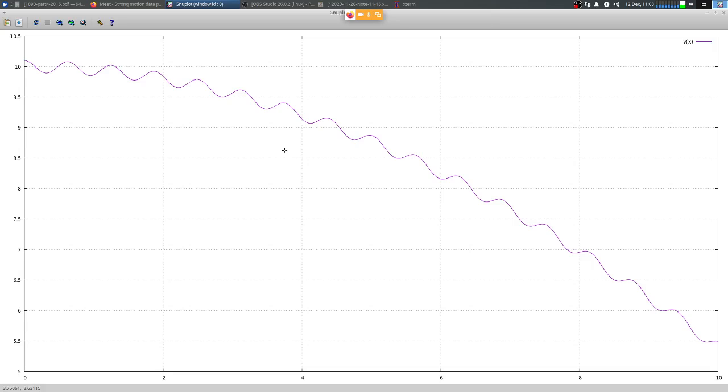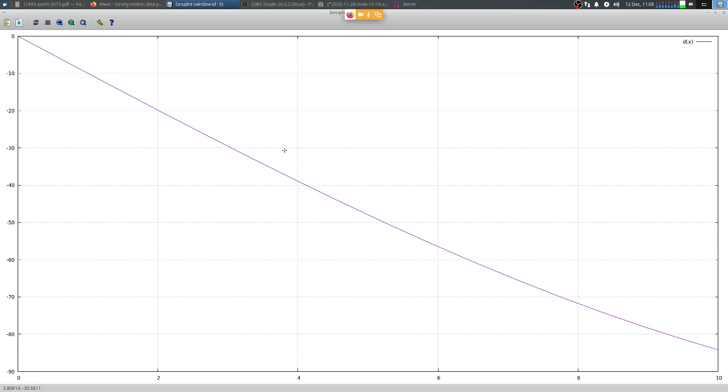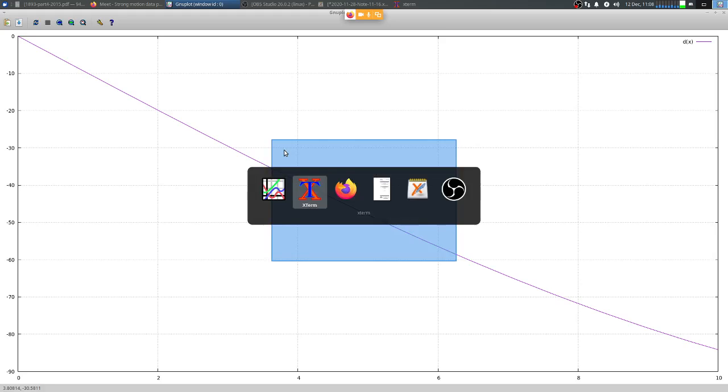But when I do this for the displacement, then the high frequency component is totally gone. You can't detect it. It's completely low frequency, right? So the point is you need to look at these two aspects very carefully.